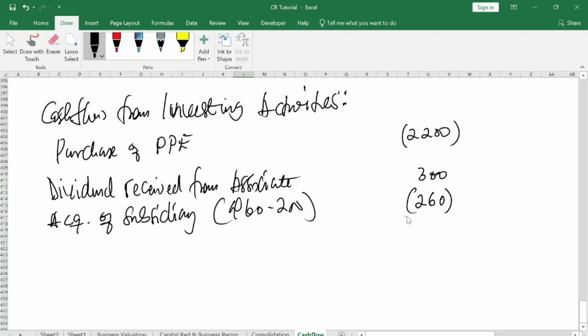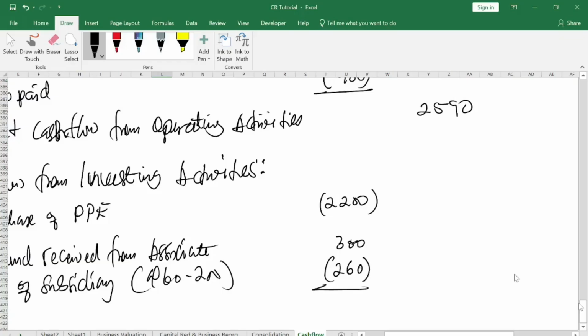So that is all about investing because apart from these, we didn't have any investment activities up there. Please add it. Remember, they are negatives. It will be negative 2160.